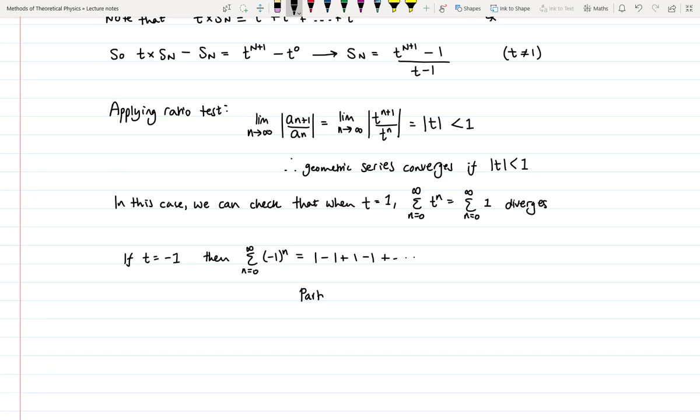It's easy to see that the partial sums oscillate between 0 when n is even and 1 when n is odd. Therefore, the geometric series when t equals minus 1 does not converge.